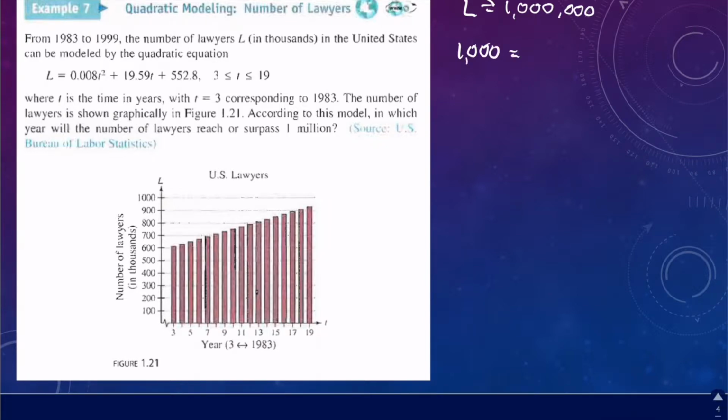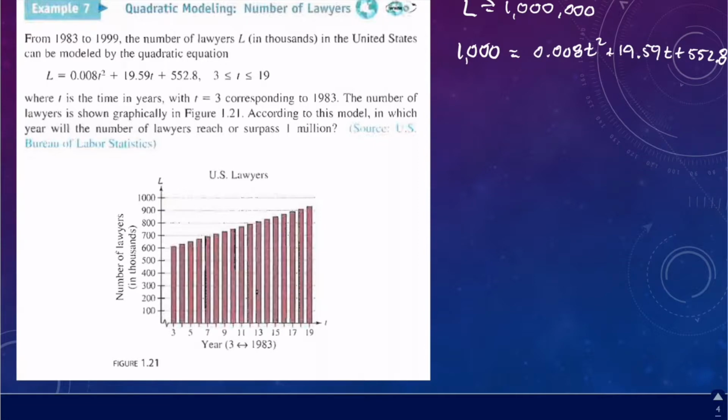So 1,000 equals 0.008 t squared plus 19.59 t plus 552.8. So that's representing a million lawyers is equal to that. And if we solve for t, then we can figure out when that's going to happen.